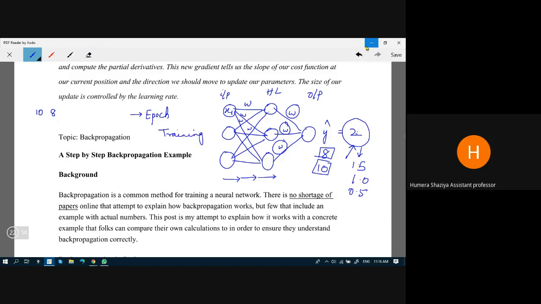What happens after training? You get a model. What is a model? Model has these weights initialized, and to this model what do you provide? You provide testing data. And what do you obtain?